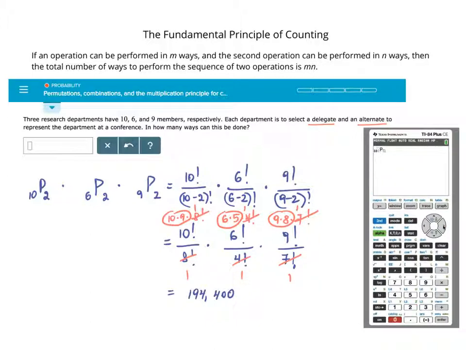Type in your numbers, 10, P2, press times, and go through the same process again with the next, 6P2 times, third time, 9P2. As you can see, the solution we got using a calculator is the same as the one we got before.